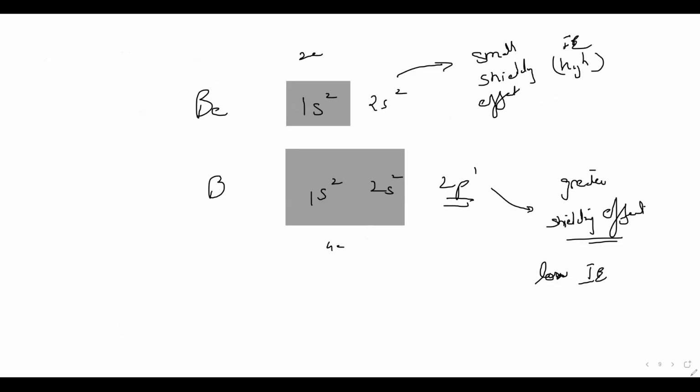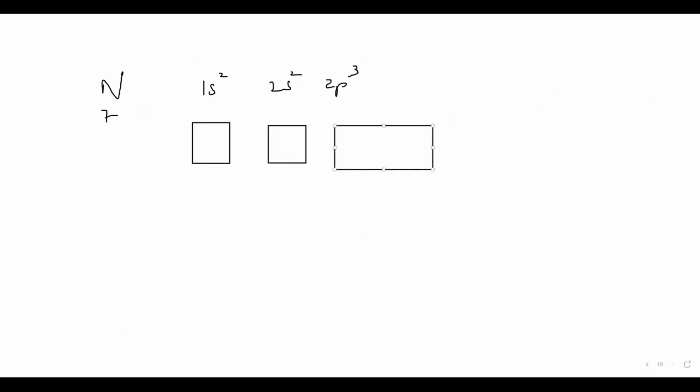So the reason is, when we write the electronic configuration for nitrogen, it is 1s2, 2s2, 2p3. So in the electron-in-a-box model, they will first occupy singly.